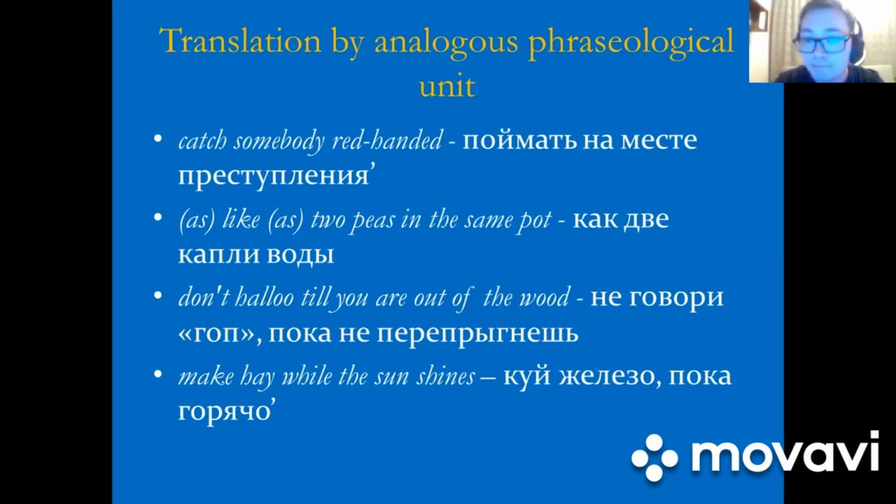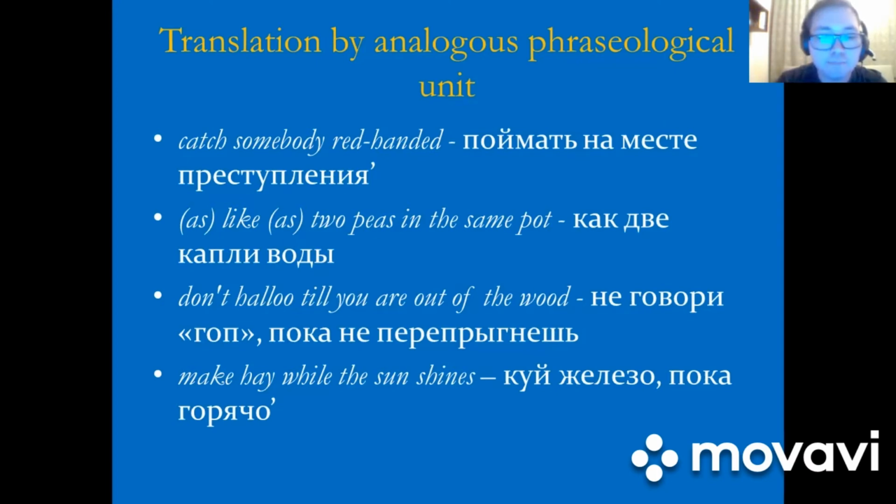They look the same, as well as two droplets. In the Russian variant, we have как две капли воды. Every droplet looks like another one, right? The next example here, don't halloo till you are out of the wood. Не говори гоп, пока не перепрыгнешь. We also can see that they're similar, but the imagery is different.